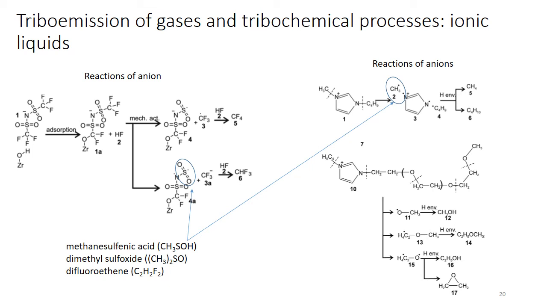What I told you before, what we found from the analysis of these spectra, is that there are probably also reactions between the sulfonic group and other decomposition products like CHF3 and probably methyl radicals, which give rise to the formation of these probable compounds.